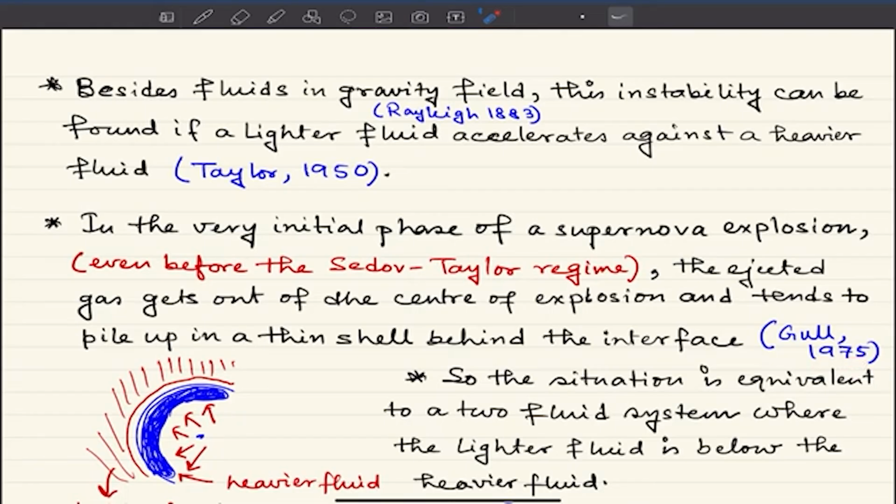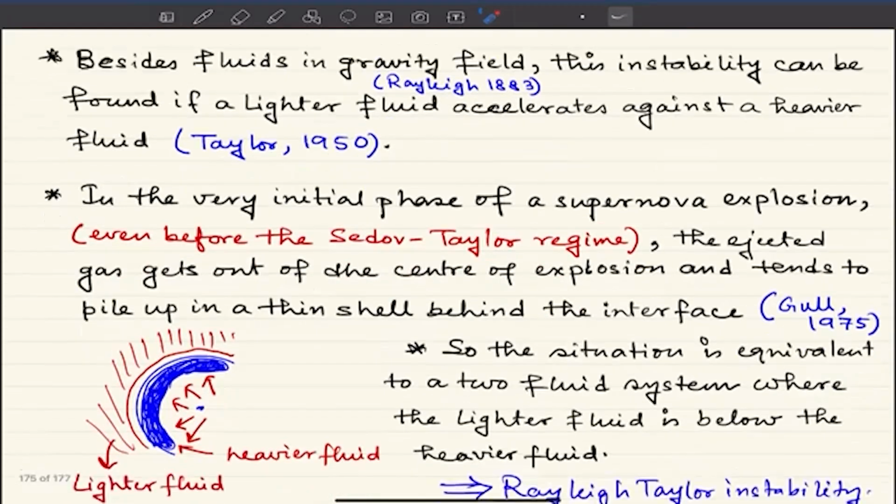So the situation is equivalent to a two-fluid system where the lighter fluid is below the heavier fluid and the acceleration is outward. The acceleration is basically due to the energy of this fluid. So the fluid is now piling up here. This is the interface, and here there is a very dilute ambient medium.